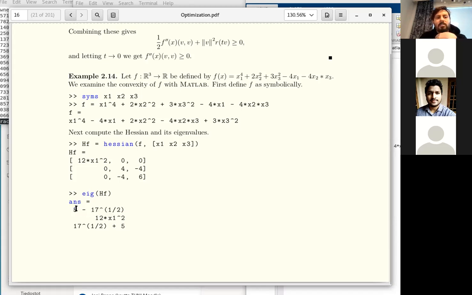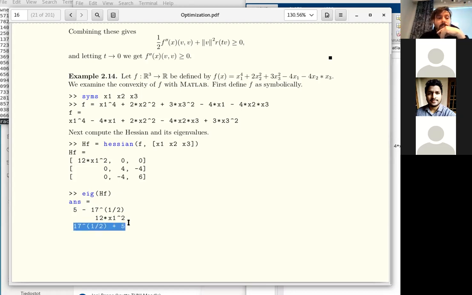So in order to answer whether this is positive semi-definite, this has to be positive. This is just a number, and it is positive. The square root of 17 is a bit over 4, definitely under 5, because 4 squared is 16 and 5 squared is 25, and it's 17. So 5 minus that is definitely positive.